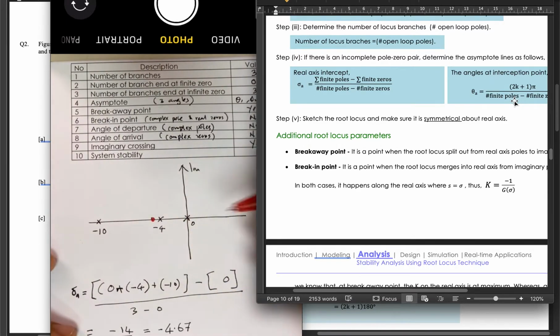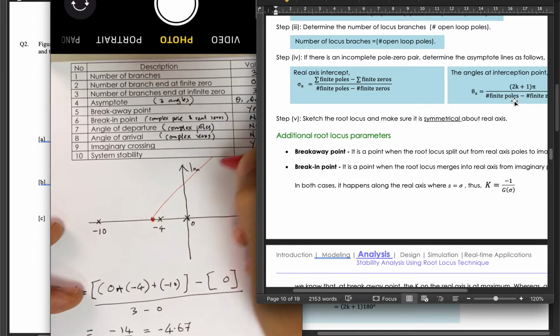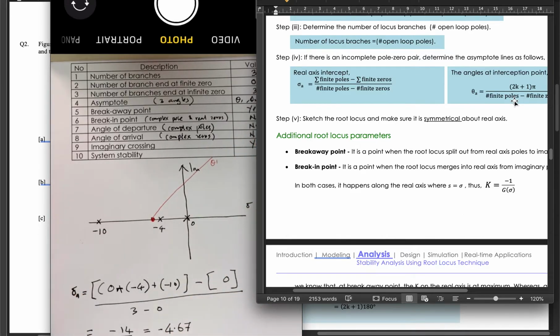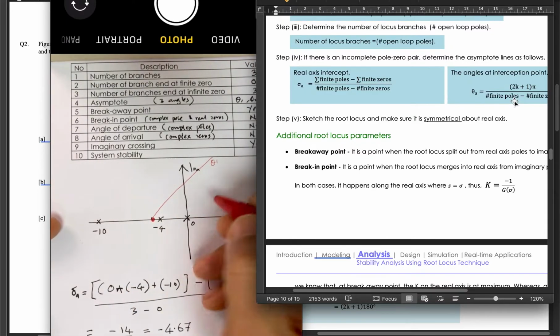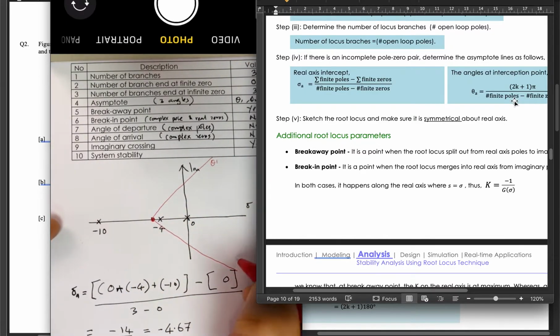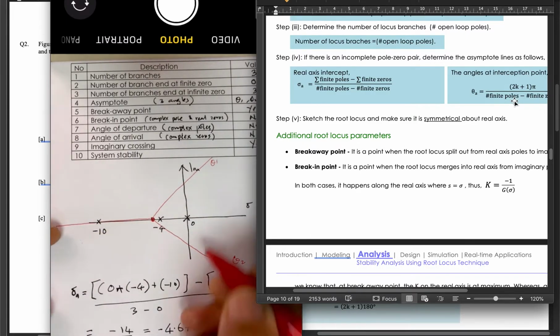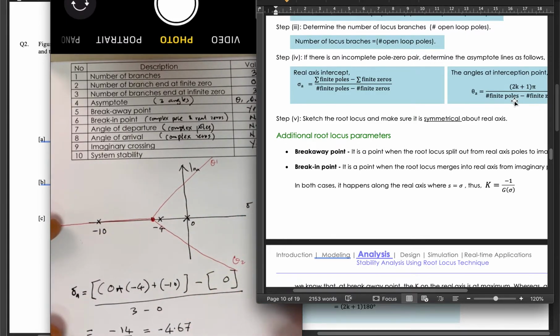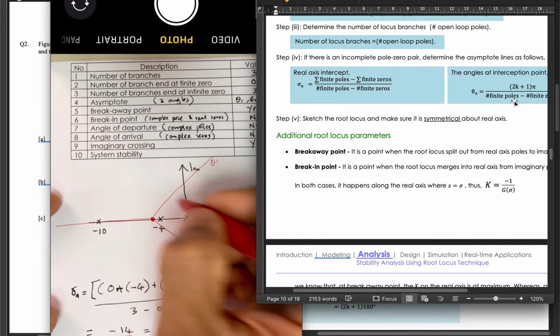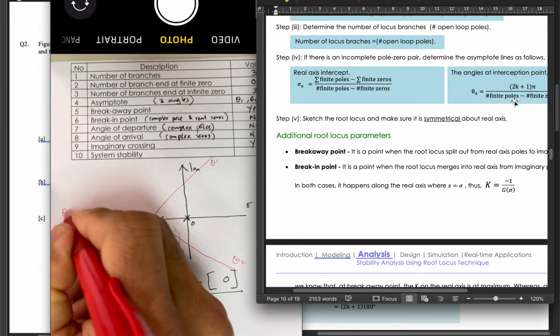So 60 is here, this is theta 1. Theta 2 is 300, which is minus 60 there. Theta 3 is 420, which is equivalent to 360 plus 180, right? So it's 180 there. So that's theta 3.